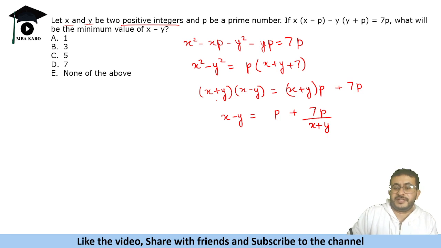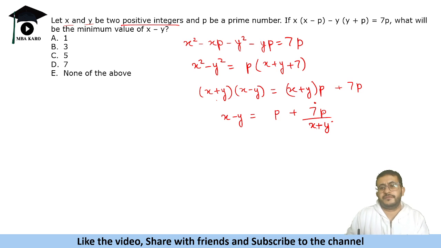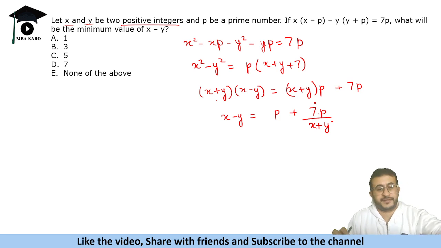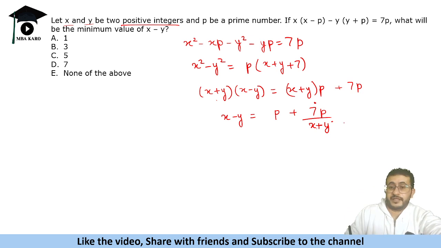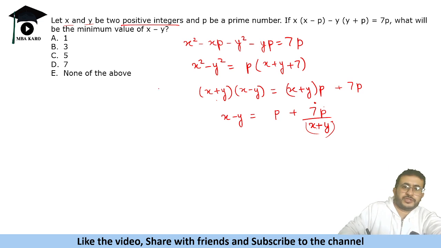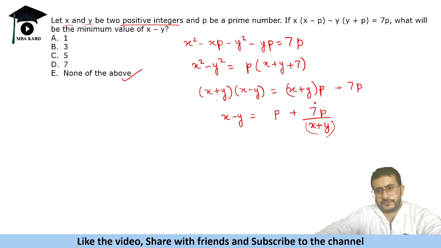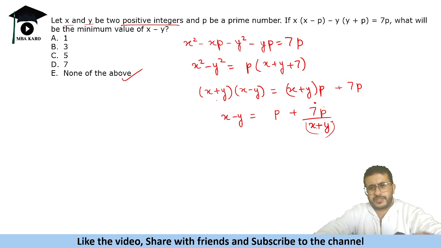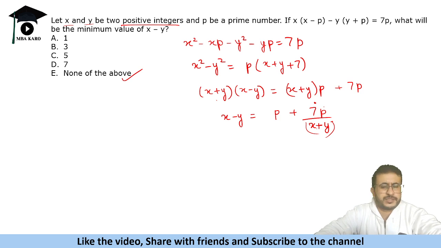Now 7p, 7 is a prime number, p is a prime number, so it cannot have any other factors. We cannot divide this number by x plus y, because it has prime factors only. So this is not possible. The answer is none of the above, and the question was scrapped and students got marks for this question.